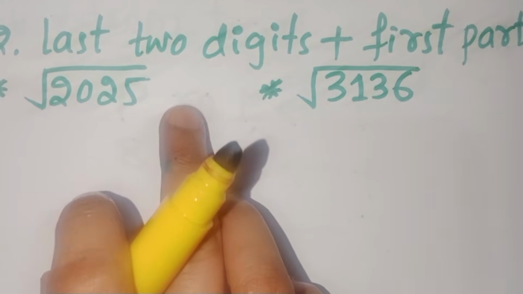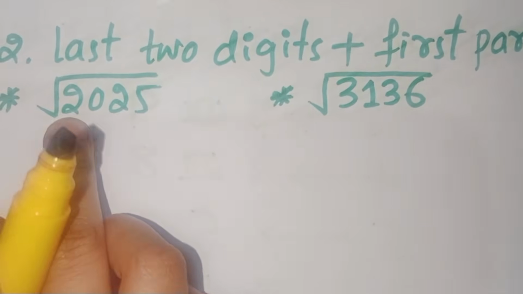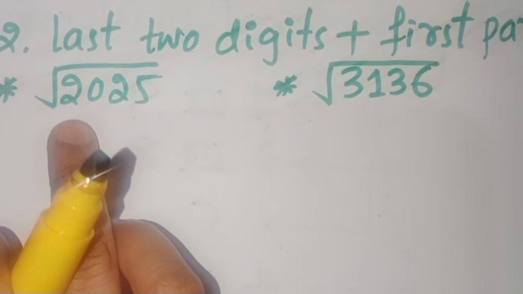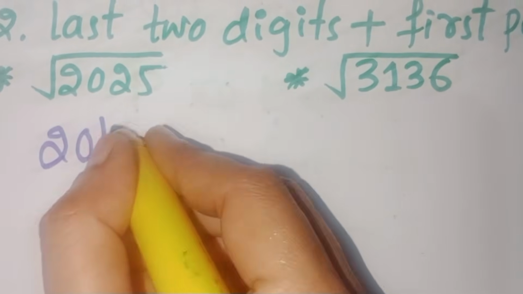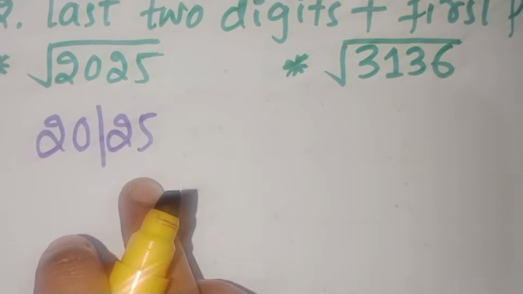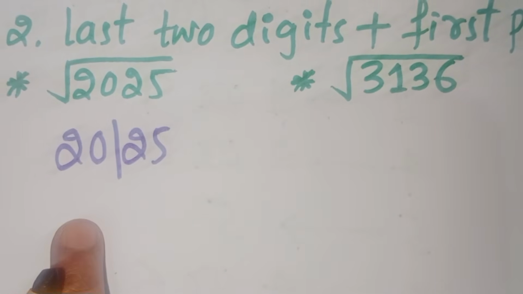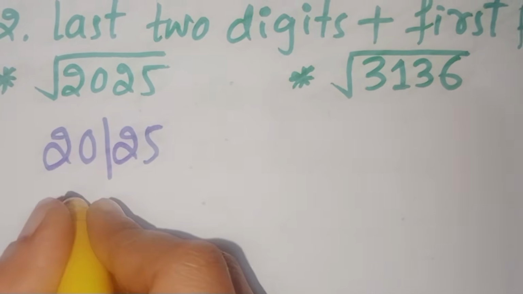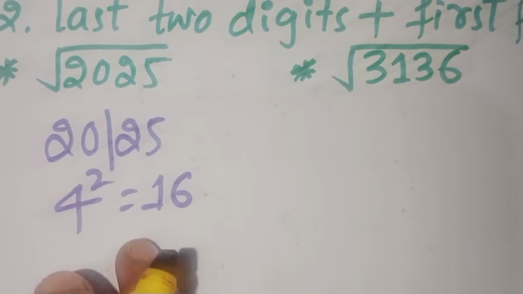Last 2 digits plus first part. This trick is great for finding the square root of many perfect squares. Let's see how. Square root of 2025. First split the number: 20, 25. Now look at the first part 20. The largest perfect square less than 20 is 4 square, that is 16.